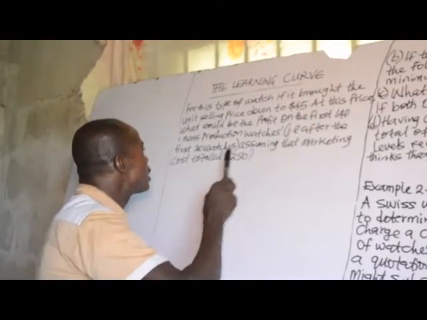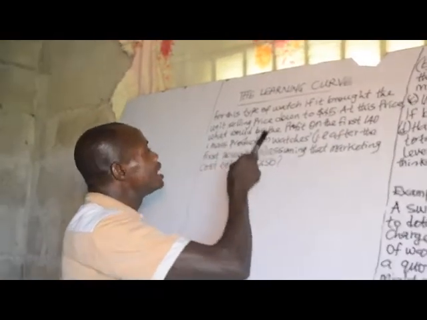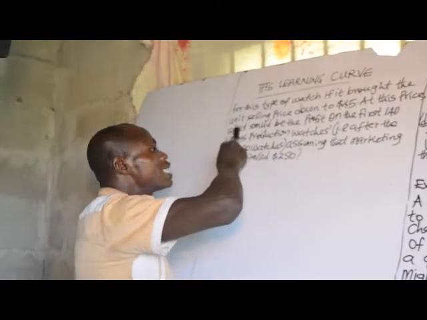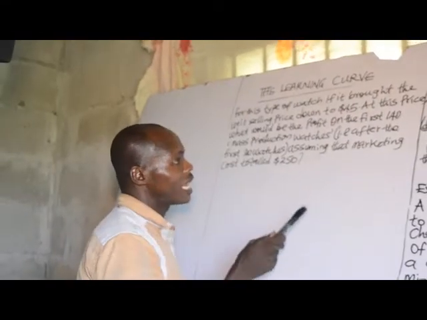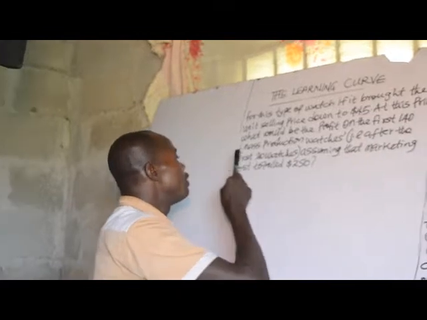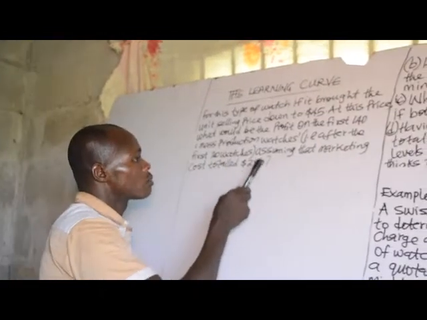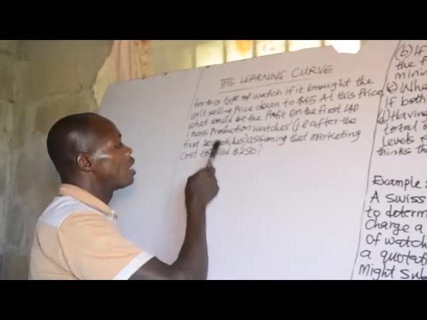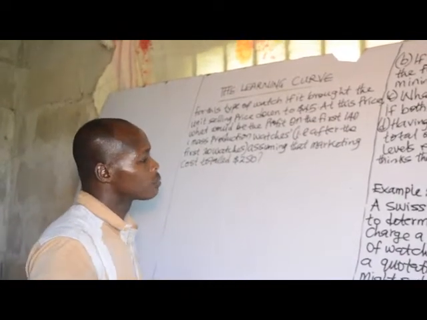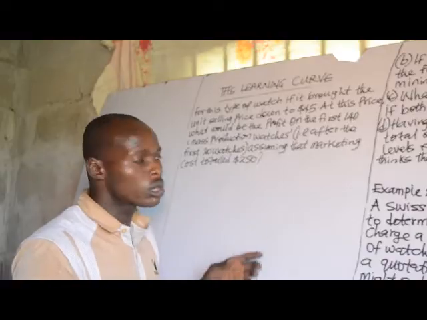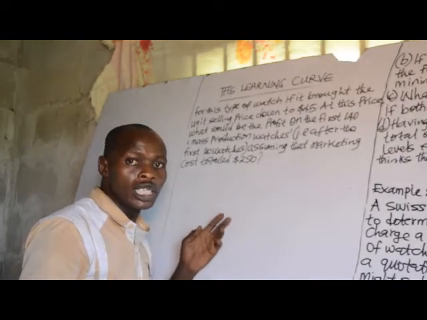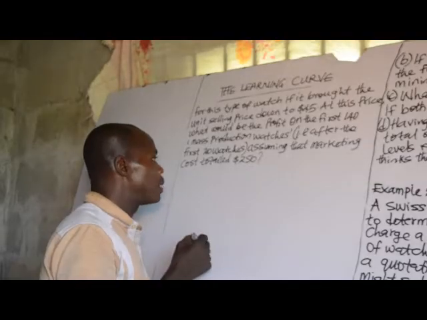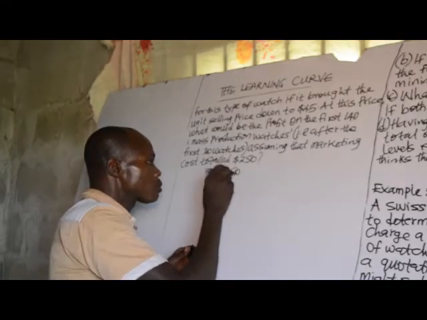At this price, what will be the profit on the first 140 mass production watches, that is after the first 20 watches, assuming that marketing costs total $250? This question is also obtained from the ACCA study text, Performance Management, by Kaplan. Now the solution.